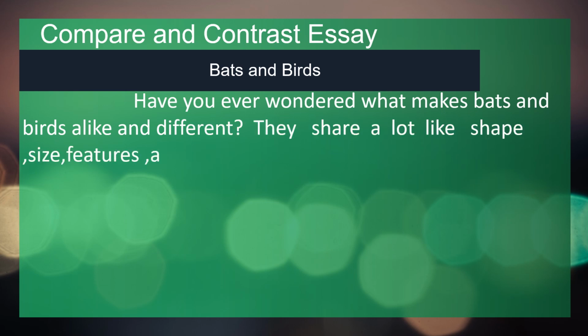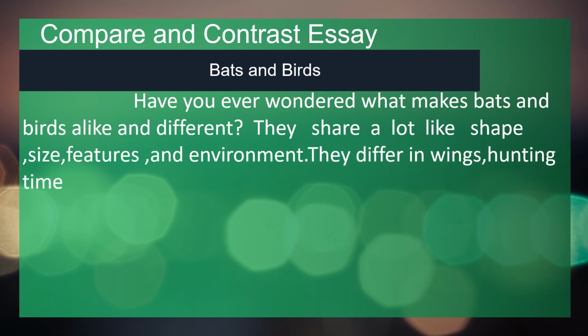They share a lot, like shape, size, features, and environment. They differ in wings, hunting time, sight, and skin. Great, so we have here some ideas that we can go through to discuss. We can discuss the shape, the size, the flying, as we just mentioned before, the style.